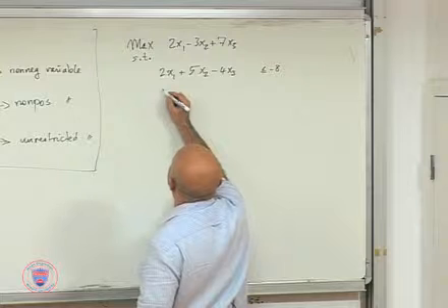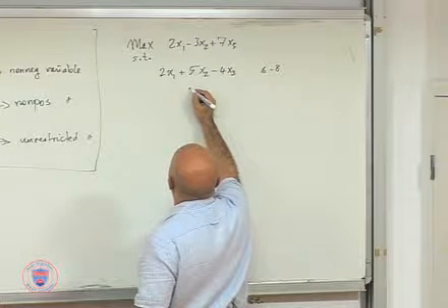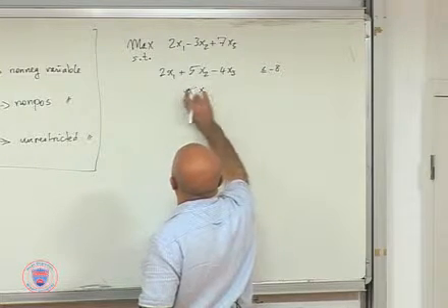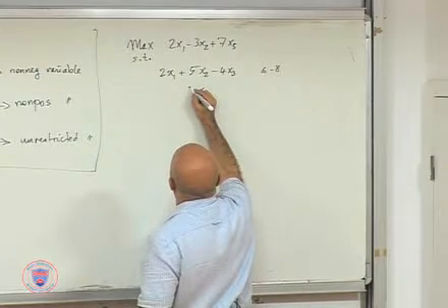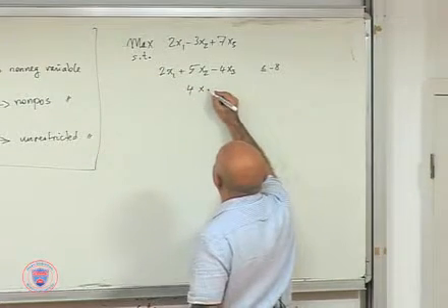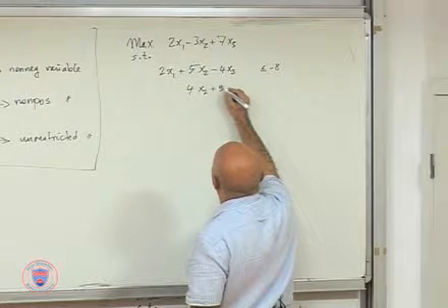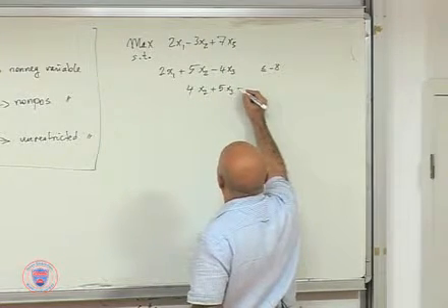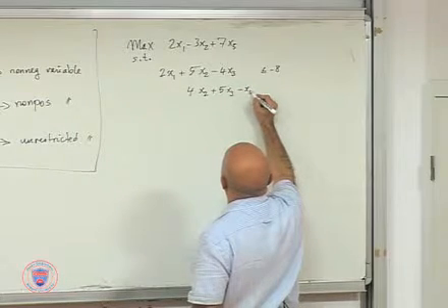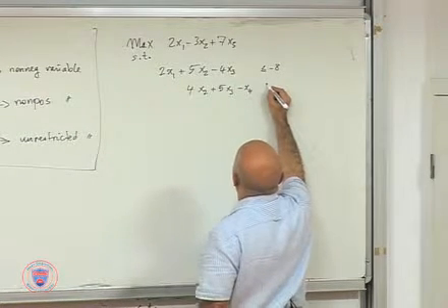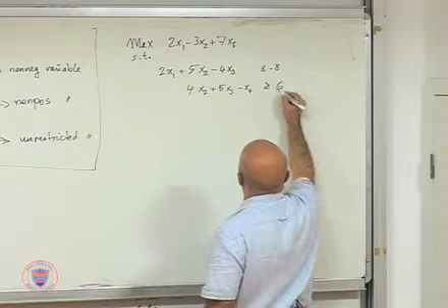Then we have 4x2 plus 5x3 minus x4 is greater than or equal to 6.